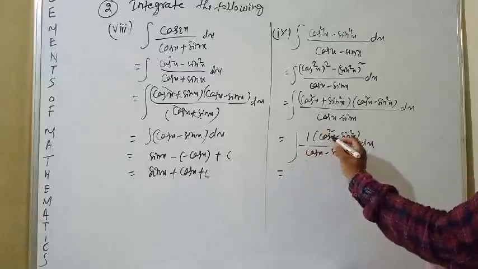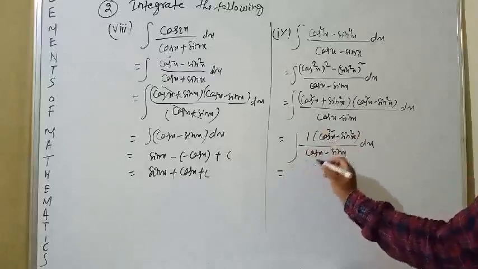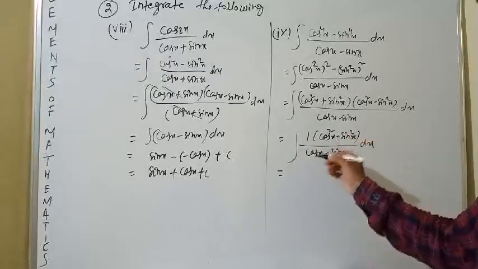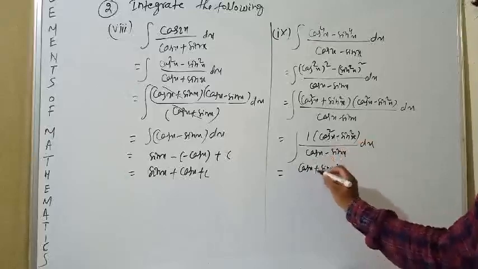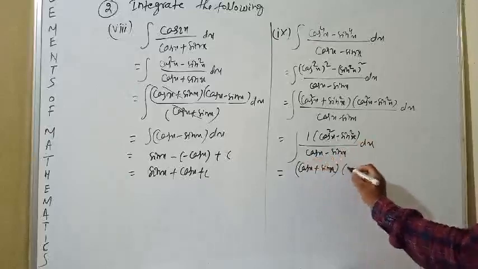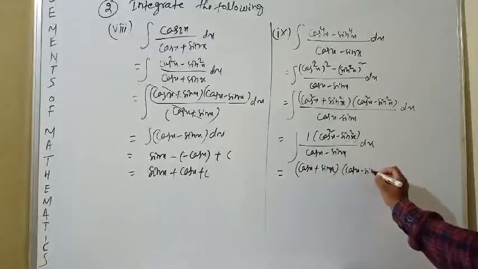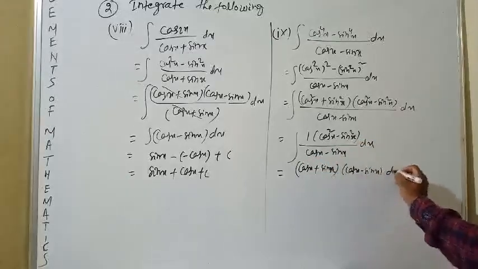So 1 into cos square x minus sin square x, divided by cos x minus sin x dx, is equal to, you see, this is also in the form of a square minus b square, that is cos x plus sin x, again cos x minus sin x, dx.